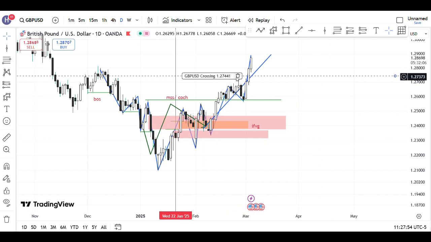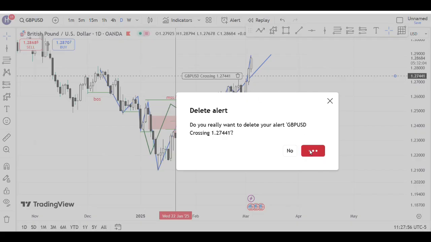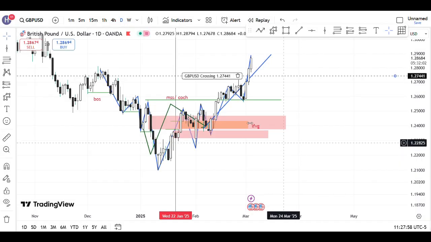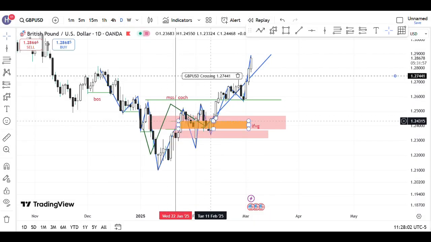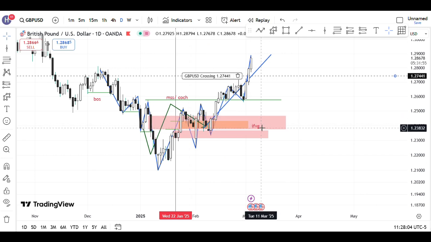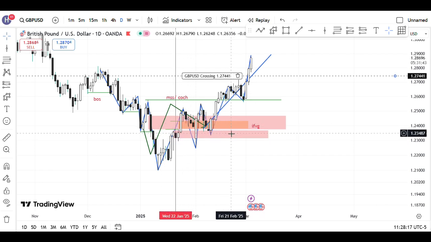So you can see. Okay, just a minute, I will delete this price. Okay, you can see what happened. But some people get trapped with this fair value gap, whether this is fair value gap or whether this is inverse fair value gap. But we have a turning point here, order block.